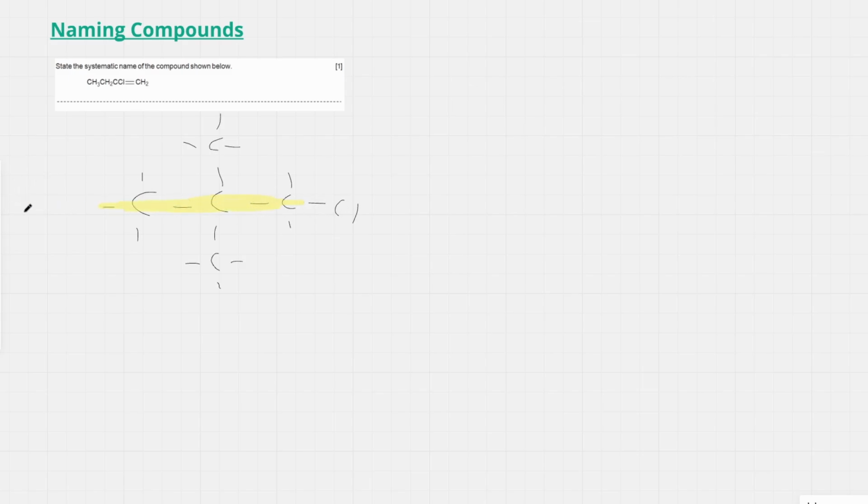And we can also see that there's a chloro group here, and that there are 2 methyl groups, each coming from the second carbon. So we'll start by writing prop down, because there's a prop group here. And we'll also note down that there's a 1-chloro, because it's coming out of the first carbon.